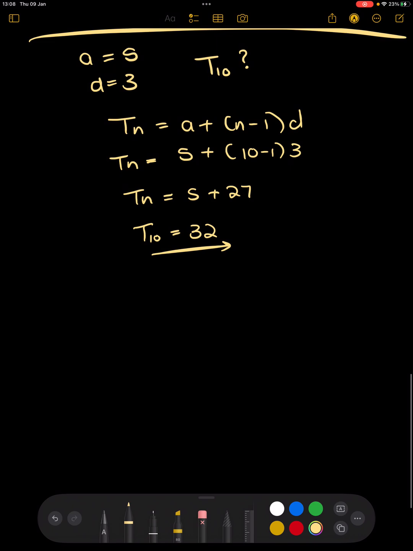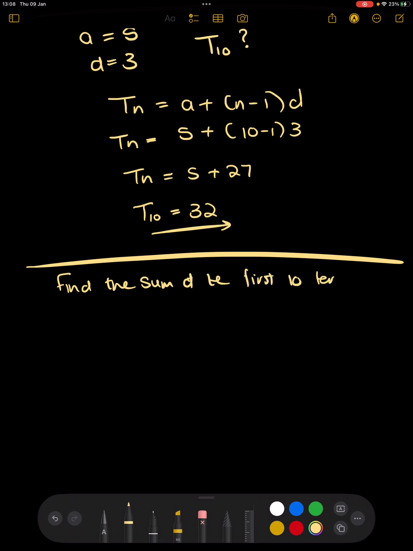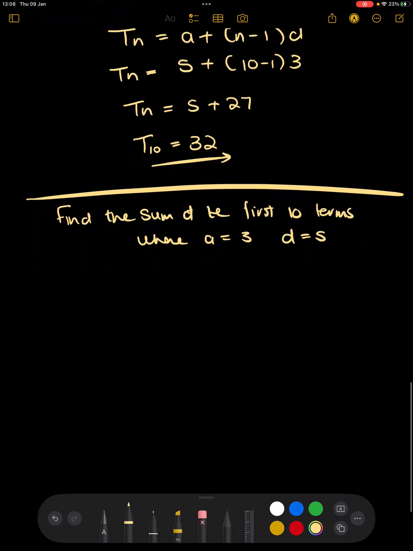The second example is if they had to say to me, find the sum of the first 10 terms, where the first term is 3 and the difference is 5. Now this is a bit of a different question because there's an important word here, and that is sum of. So when it's sum of, I'm no longer working with Tn.